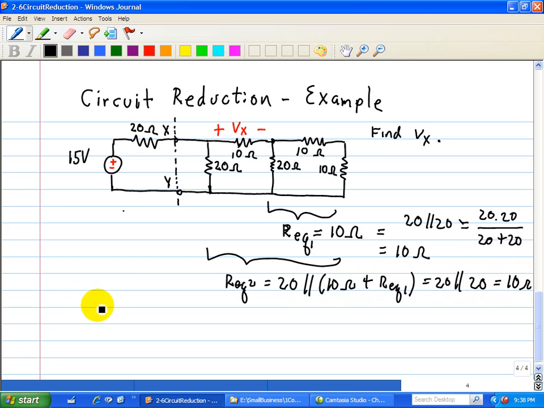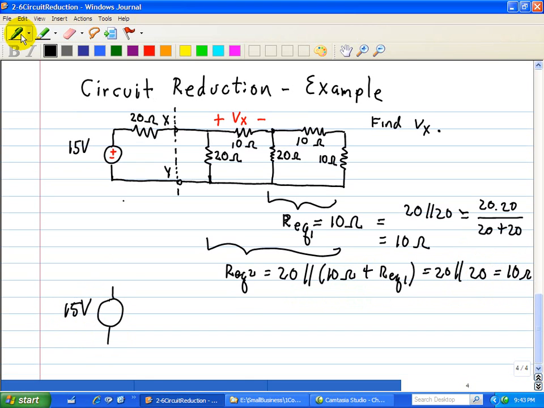So we can redraw this circuit where we have 15 volts here. So we can put the 20 ohm resistor right here, replace this circuit right here with a single resistor of 10 ohms.